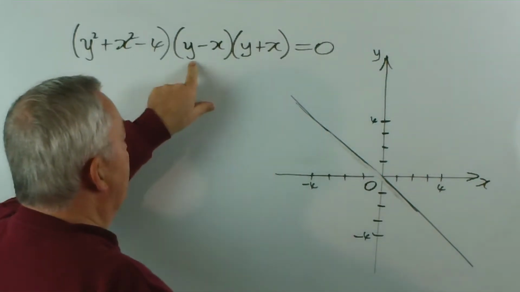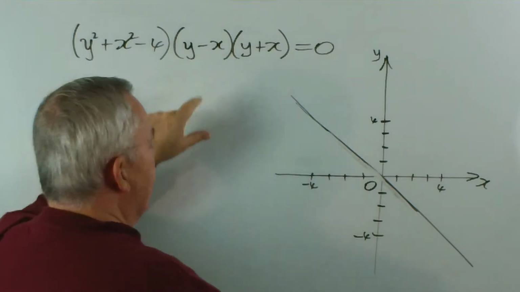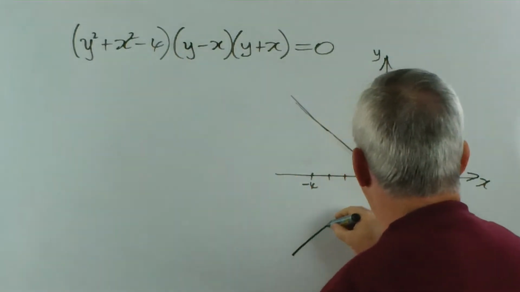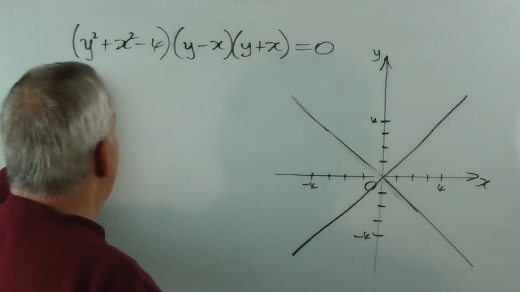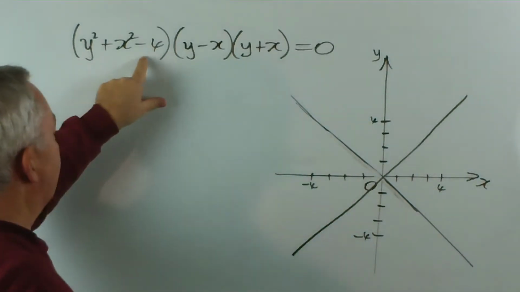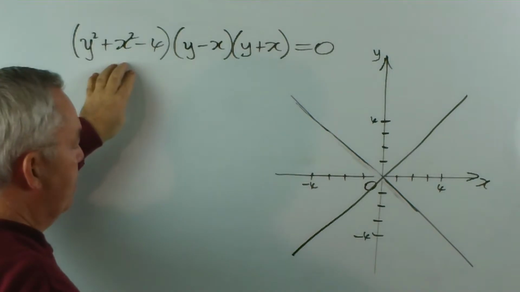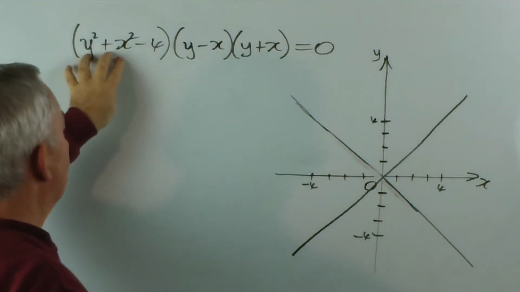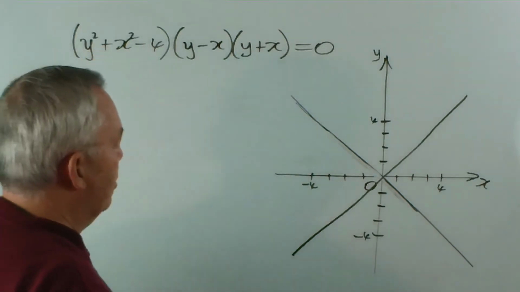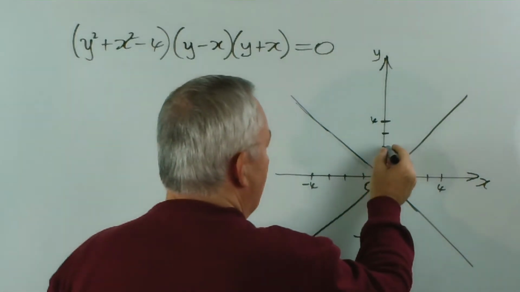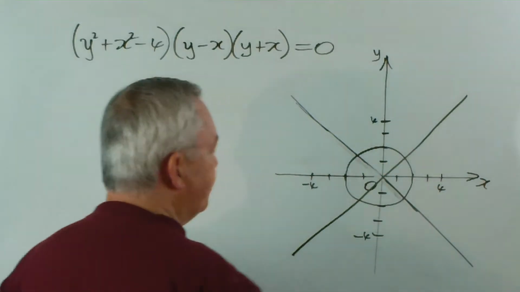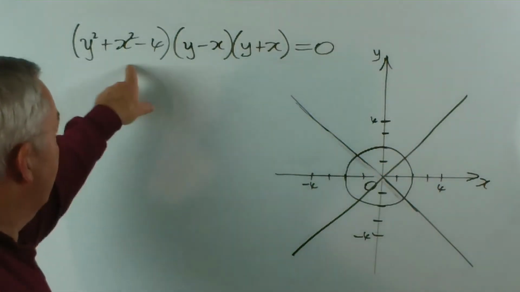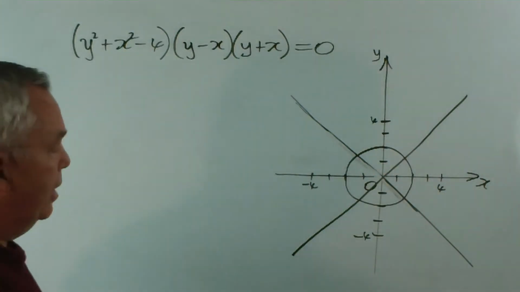To make this term 0, y would equal plus x. There we go. And to make this term 0, y squared plus x squared minus 4 would equal 0. So x squared plus y squared would equal 4, and it would give me a circle of radius 2. That is the graph that this produces.